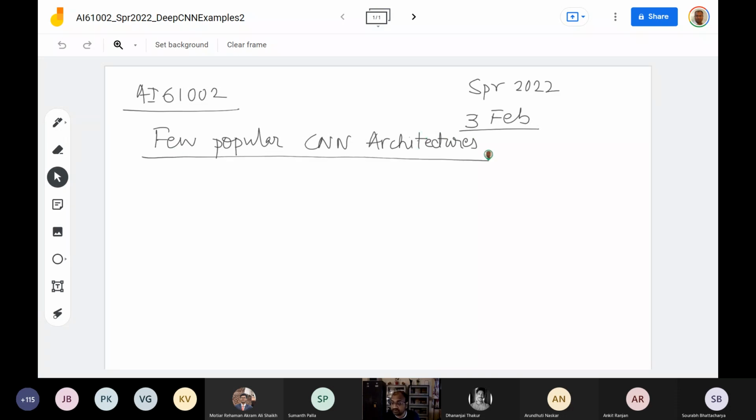Now, within this, the first one which we will start with is what is called VGG net.